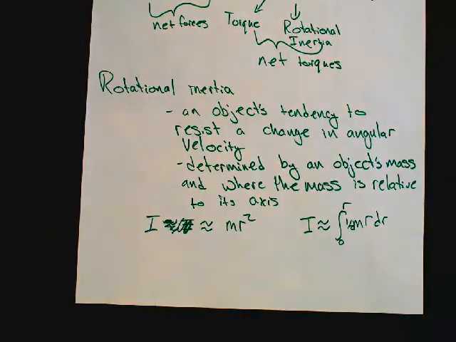I could also take it, and instead of spinning it this way, I could spin it this way. And doing that, you change the rotational inertia because you change how the mass is distributed around that axis. And now instead of just being half mr squared, it's a quarter mr squared.